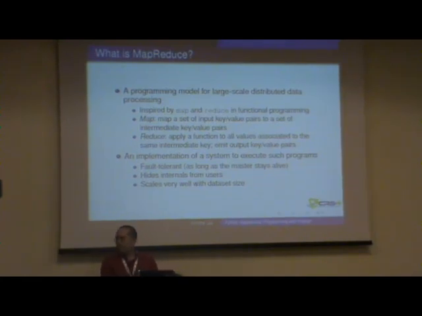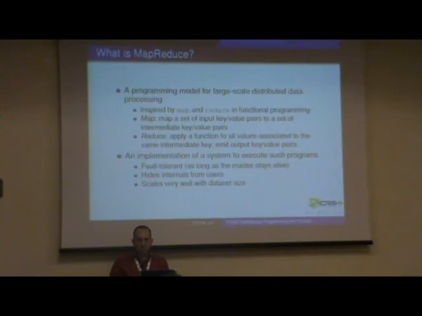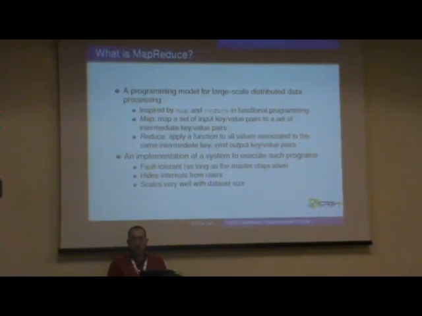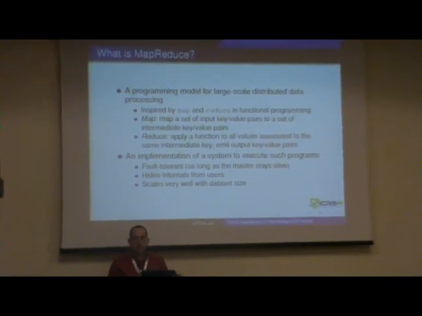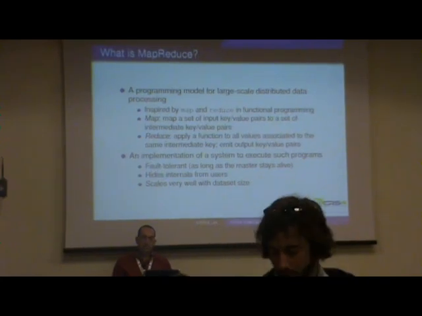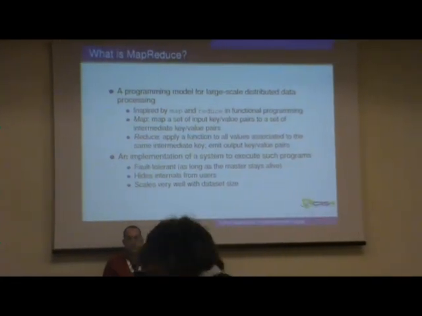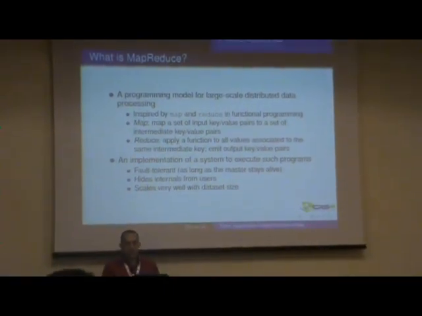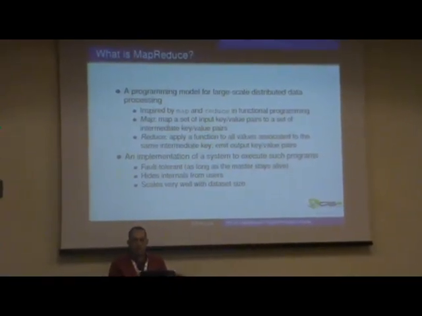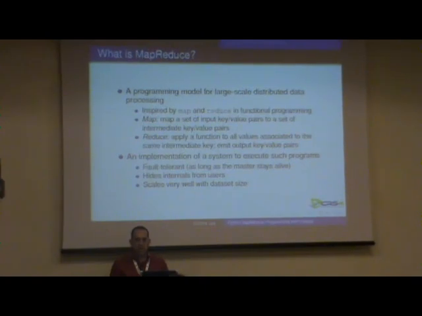But MapReduce is not only a programming model, but also an implementation of a system to execute such programs. It's designed to be highly fault-tolerant, scalable, and relatively easy to use, because all internals related to low-level parallelization tasks, like fault tolerance, re-execution of failed tasks, and load balancing, are hidden from the user.